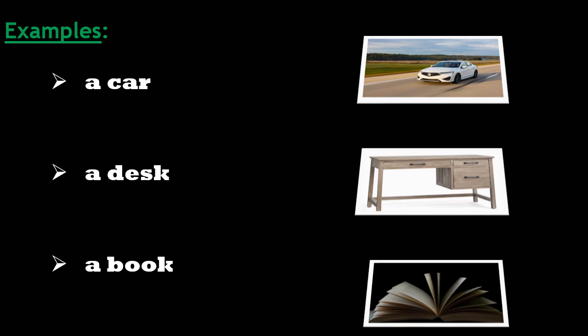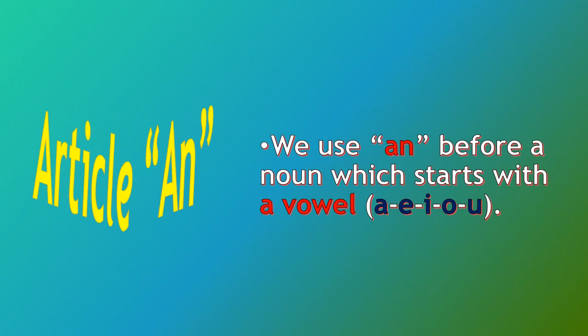Okay, now let's move to the article an. The rule says we use an before a noun which starts with a vowel. So we have 5 vowels: A, E, I, O, U. For example, we have avocado.